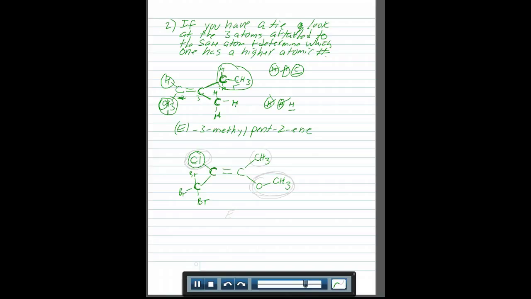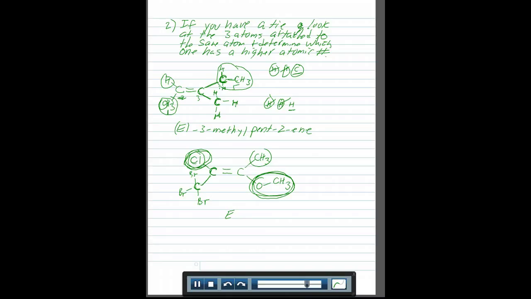Because you're not looking at atomic weight. You're looking at the atoms that are directly attached. The bromines are not attached. They do not count in the prioritization. It's the carbon versus the chlorine. Over to the right, the oxygen gets the priority over the methyl. Okay? So this will be an E isomer, trans. This priority and this priority.